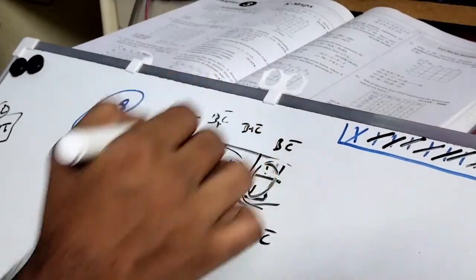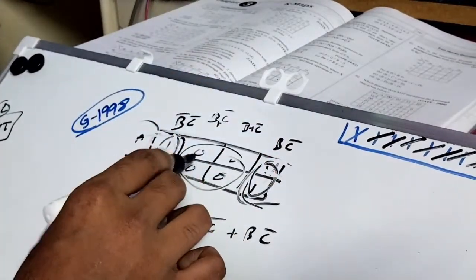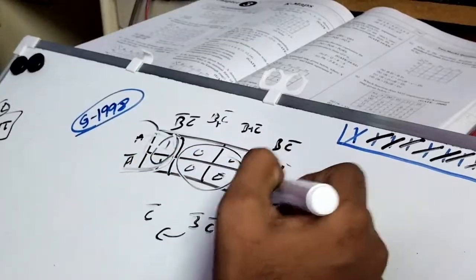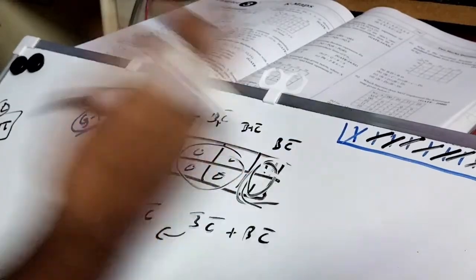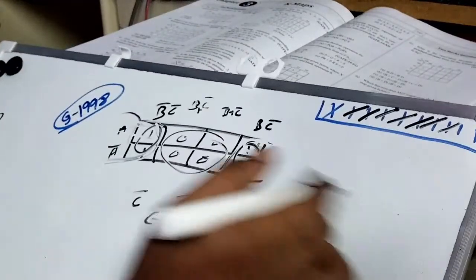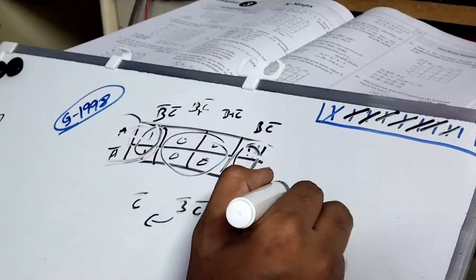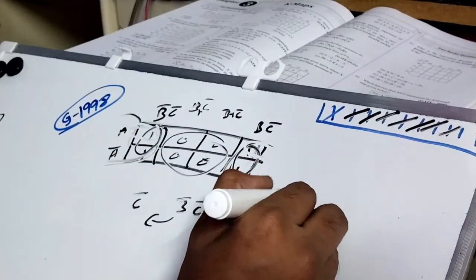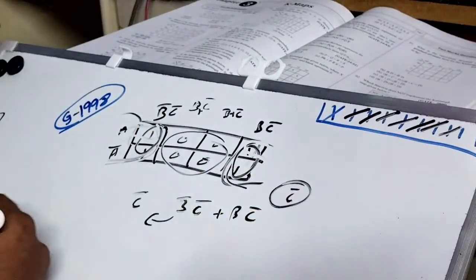Okay, this is very sad. It is common here. Common is not C bar. After that, how to gain the option of this.